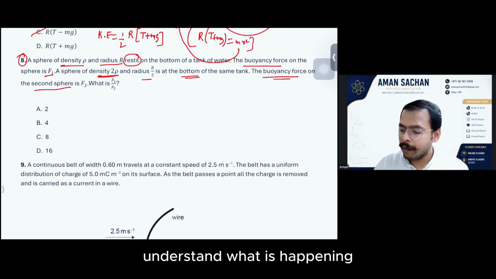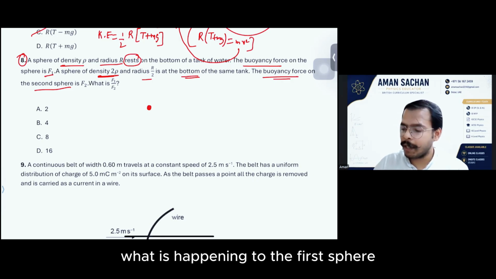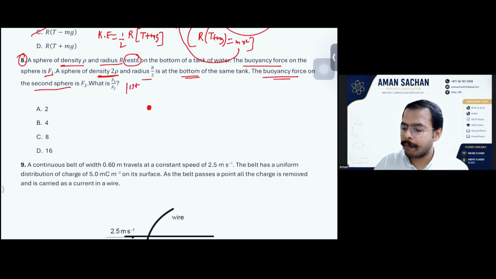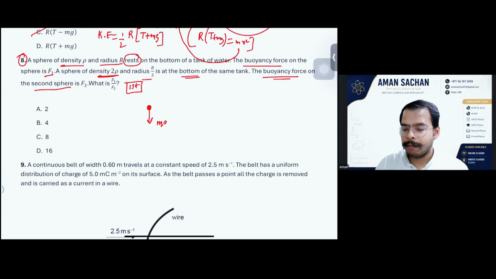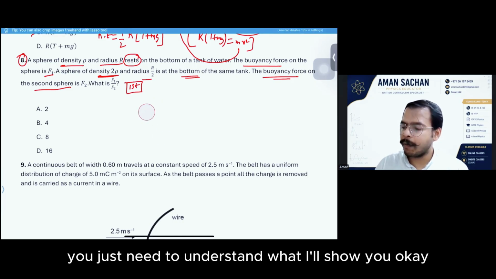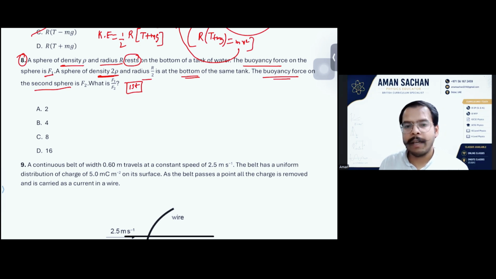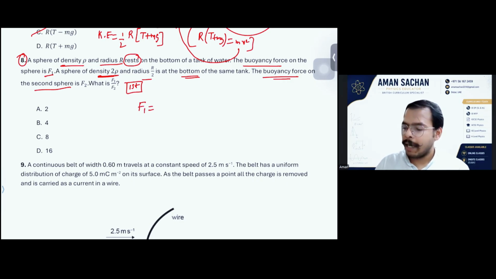Understand what is happening. If you talk about the first sphere, the downward force is mg. Anyway, this is not important at all. You just need to understand what F1 is. What is the buoyant force?